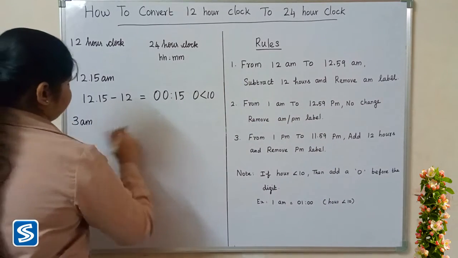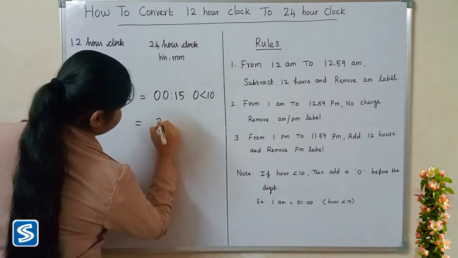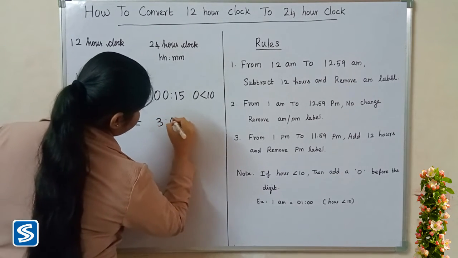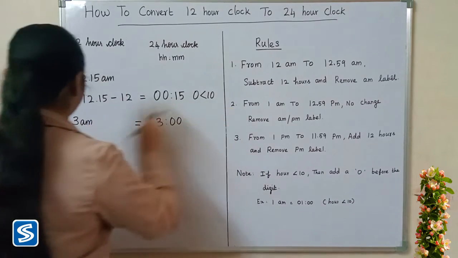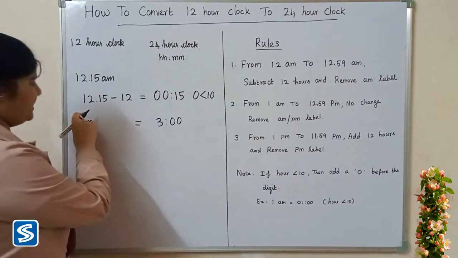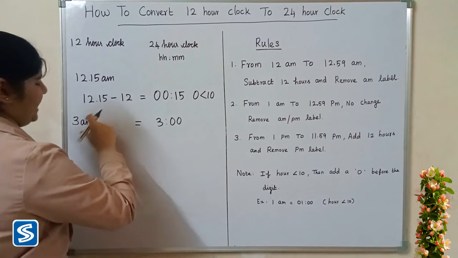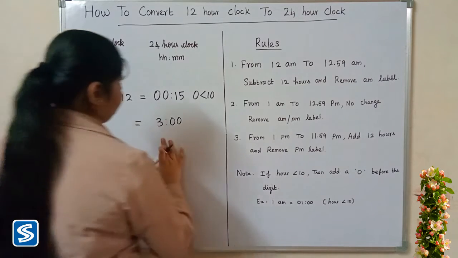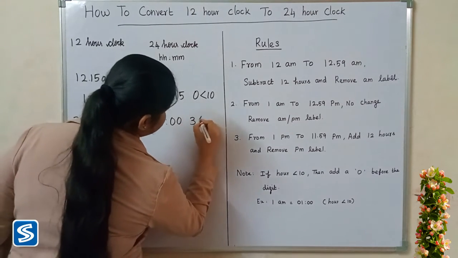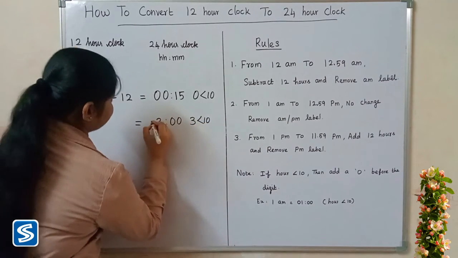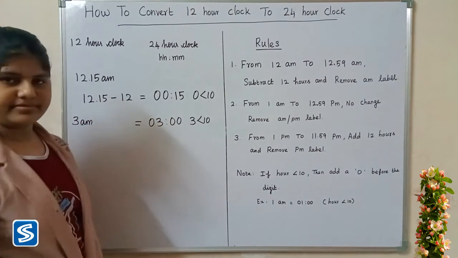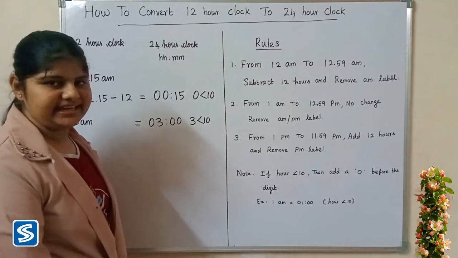So 3 AM will be 3 hours, because rule number 2 says that there is no change in hours and minutes and we have to remove AM label. Here 3 is less than 10. So now we have to add a 0 before hours digit. Next we will take another example.